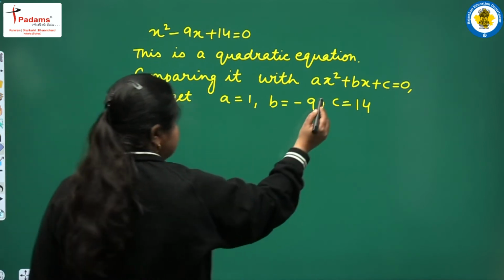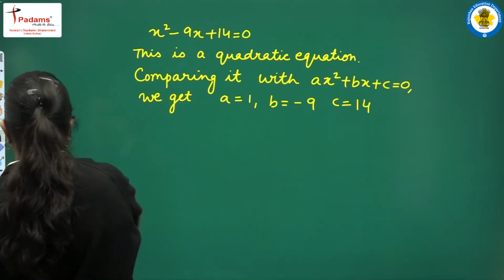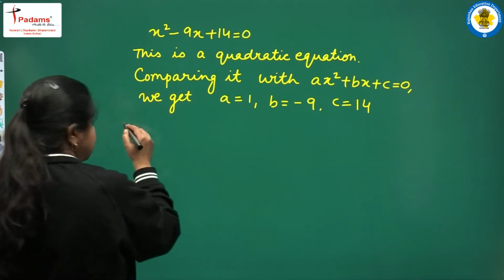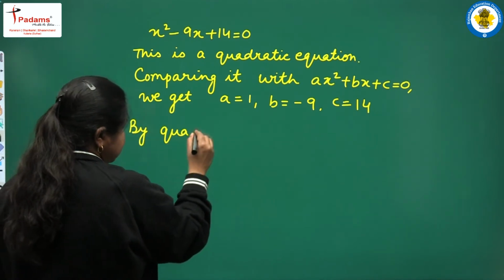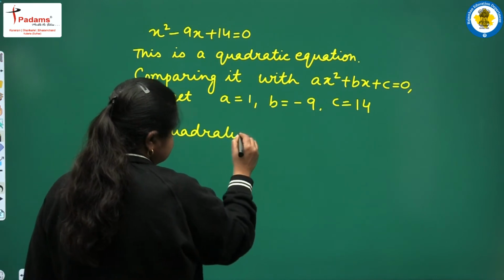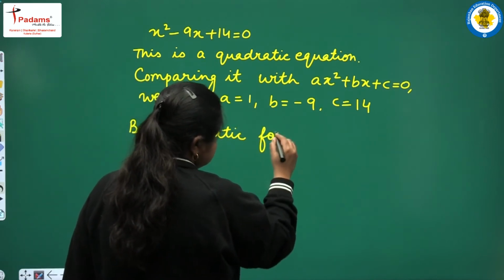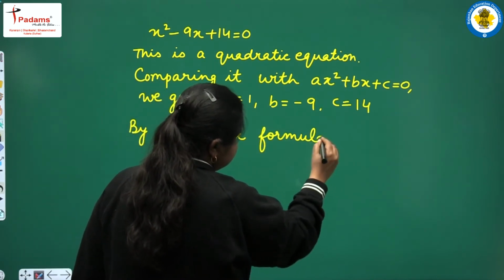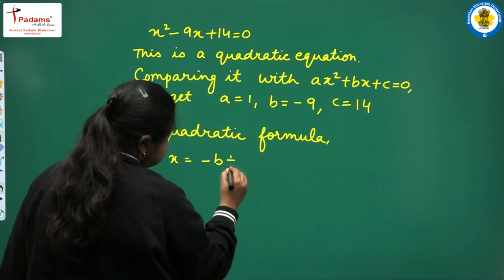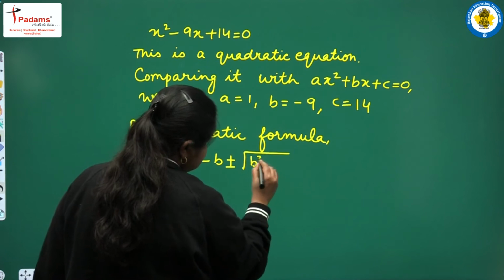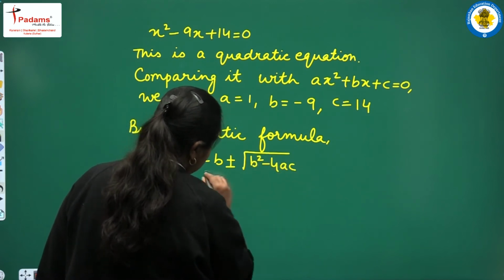Getting it here? Now next we will be taking the quadratic formula. By quadratic formula, we have x equal to minus b plus minus under root b square minus 4ac upon 2a.